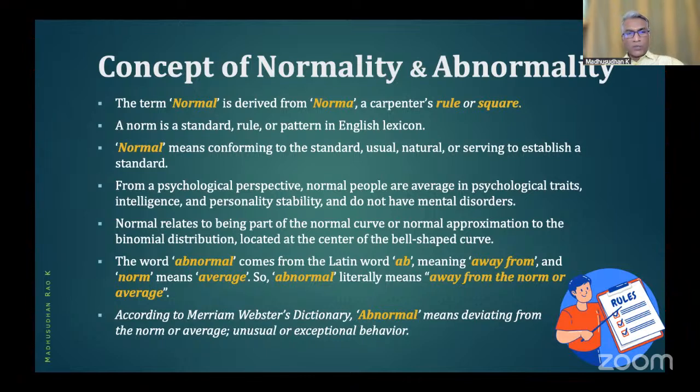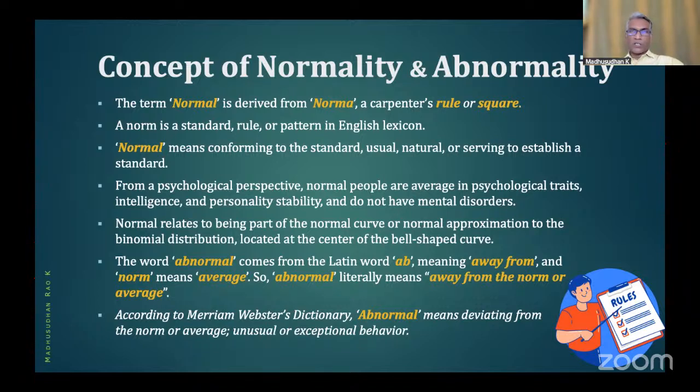Normal relates to being part of the normal curve, generally called the bell curve, that is, the center of the normal distribution curve. To simply say, that is within the range of 68 or 97 percentile.